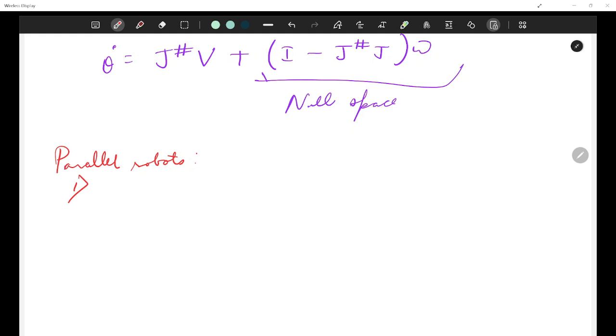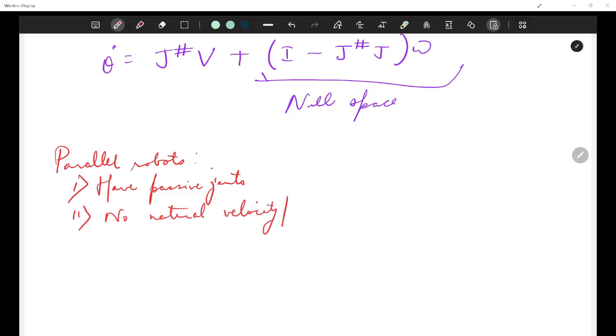For example, in the 3-DOF RPS manipulator, only the prismatic joint is actuated, the revolute joint is not actuated, and it is an example of a passive joint, right? So parallel robots have passive joints, and there is no natural velocity propagation. So we need constraint equations.